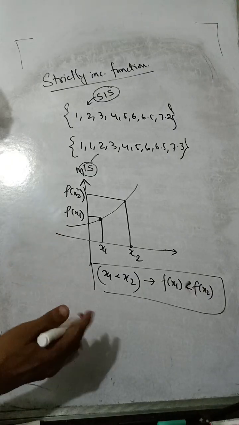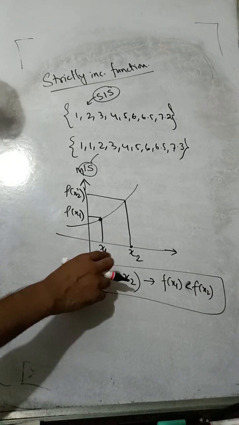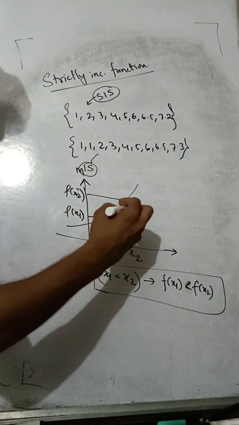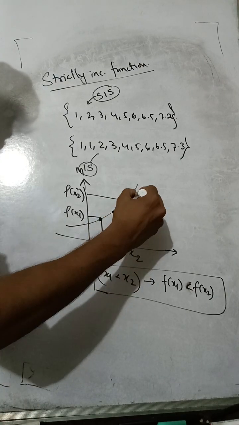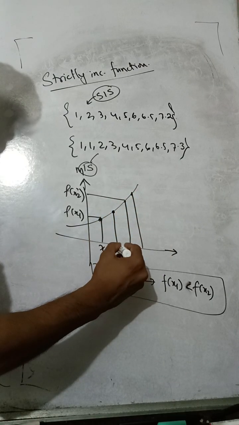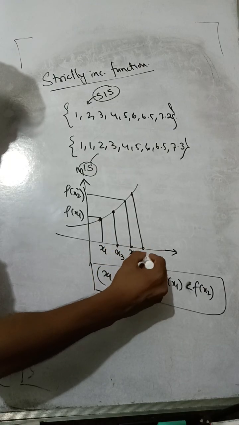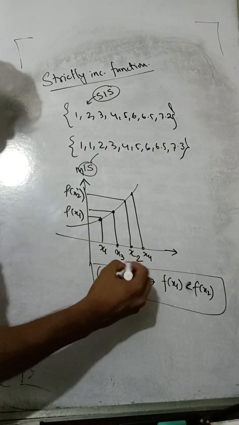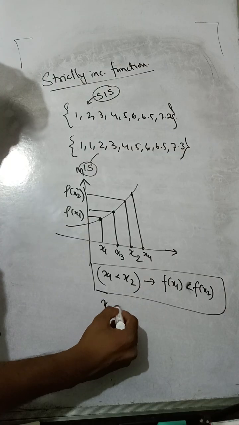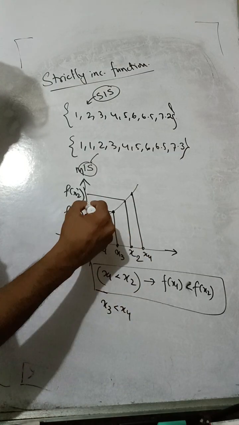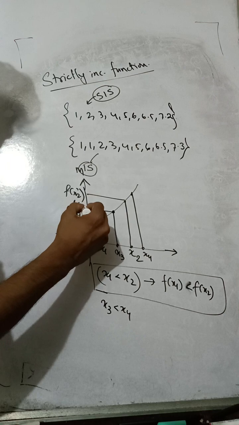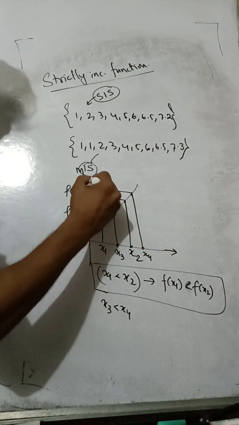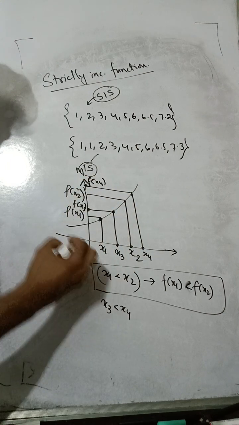What do I mean by all the x1 and x2? You can take x1 and x2 here, and you can also take some other two points, like x3 and x4. Since x3 is less than x4, the image of x3, that is f(x3), and the image of x4, that is f(x4), follow the same pattern.